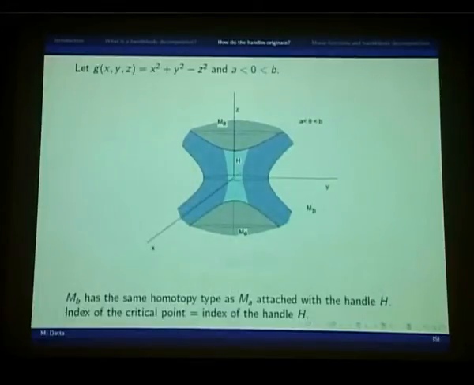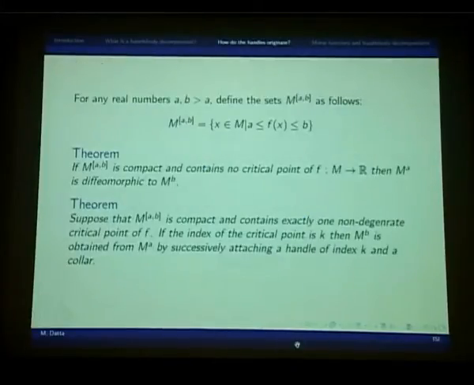Again your handle here will be now, because it is a revolution around z, so the handle is D2 cross D1, which is attached along 2 copies of D2. Instead of 2 copies of D1, now I have 2 copies of D2, which of course I cannot show you in the picture. So again MB is connected, MA was disconnected, and index of the critical point is the index of the handle H.